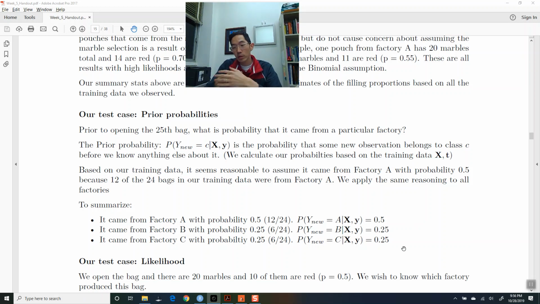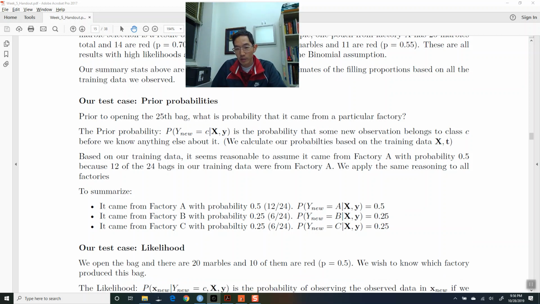Now, if you know something, like if you work for this company or know someone who does, and they tell you that all 3 factories produce equal amounts of marbles, then you would put that in here and say that prior to looking at the data it should be 1/3, 1/3, 1/3.